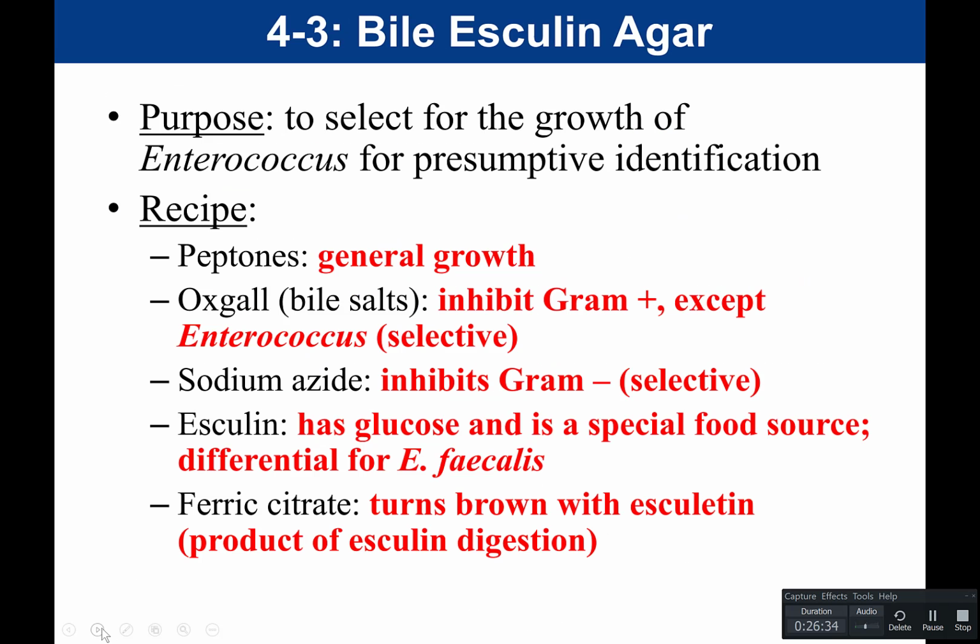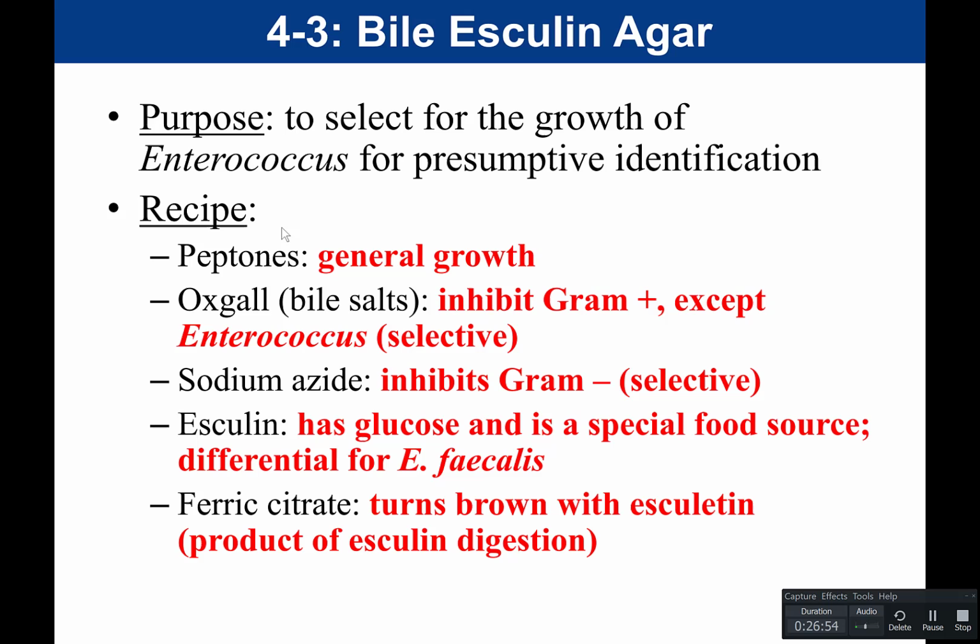So the other thing that we talked about was bile esculin agar, because again, this goes back to identifying different Streptococcus species. The purpose of our bile esculin agar is to select for the growth of Enterococcus for presumptive identification.